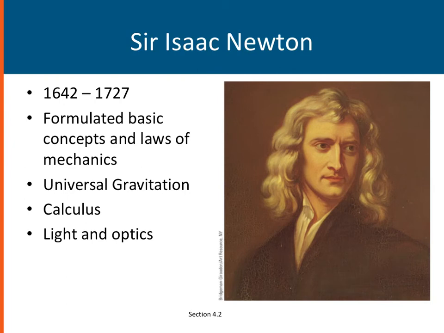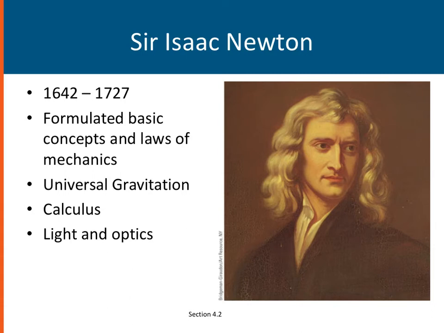Since we're going to talk about this guy's laws a lot, we might as well talk about who is Isaac Newton. Little quick rundown. He was born in the 17th century, did most of his work in the late 17th, early 18th century, and he formulated basic concepts and laws of mechanics. So all of our mechanics, this entire physics course, everything that we do is based off of Newtonian physics, or what Newton discovered about motion.